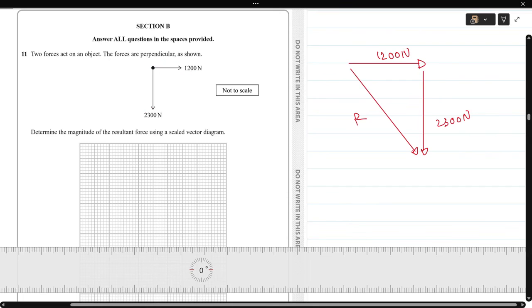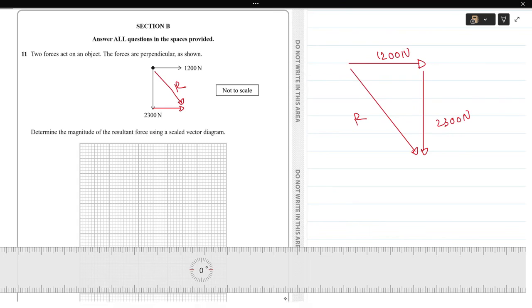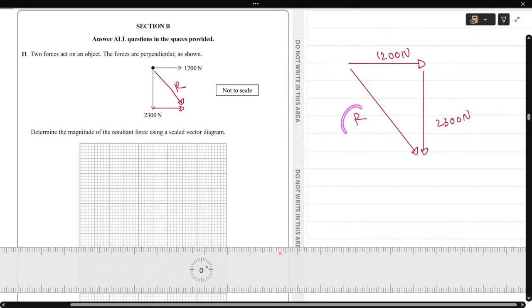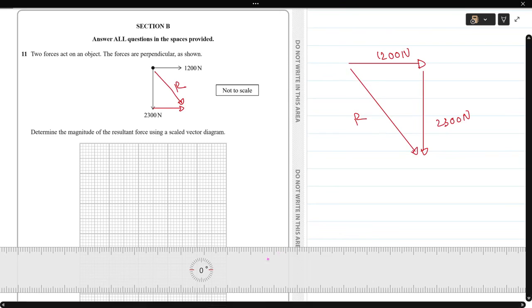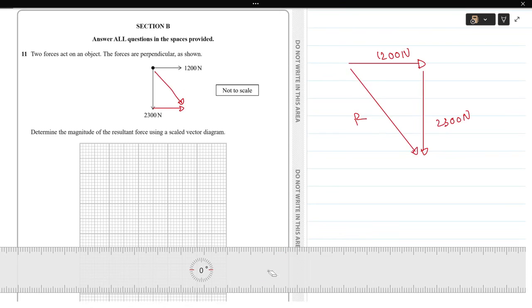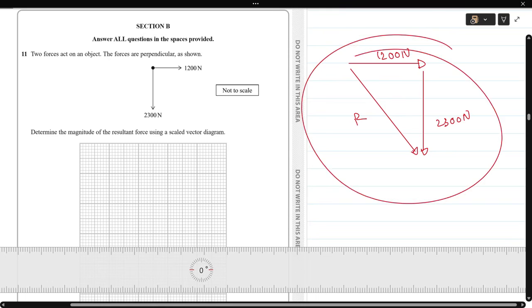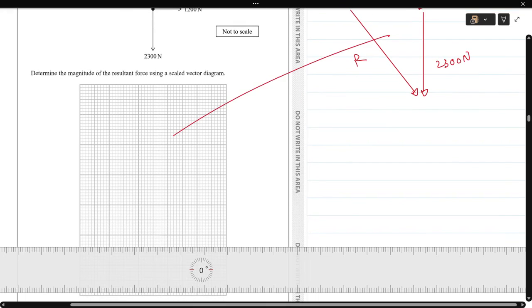So you can move that one parallelly over here, and then this is going to be your resultant force. We need to keep in mind that the resultant force is going to be the arrow that breaks the cycle, that goes in the opposite direction. Now this is our blueprint and we are going to copy that over here in a scaled format.